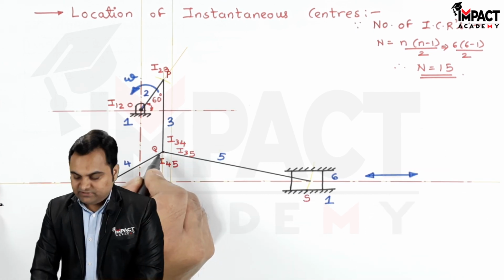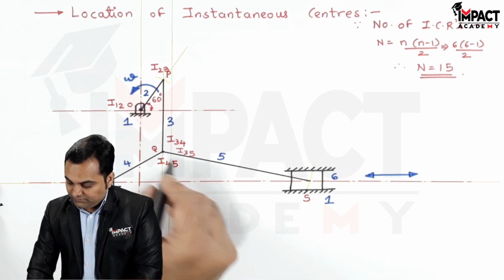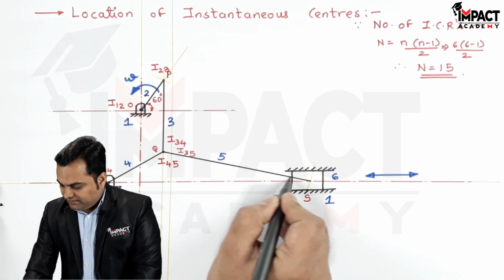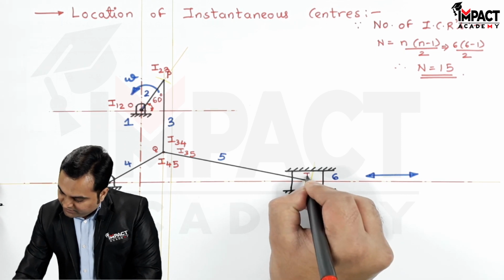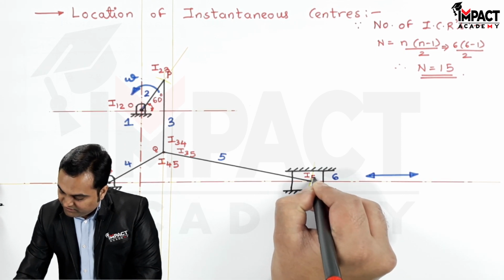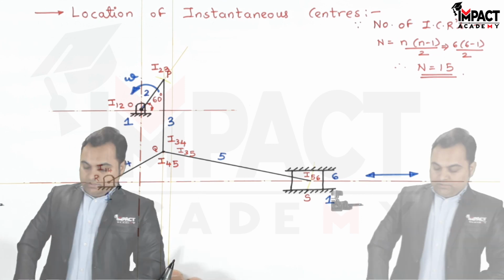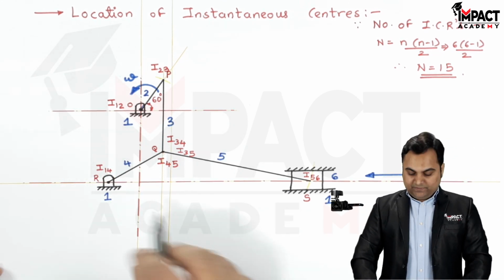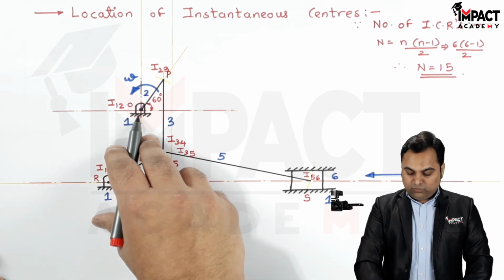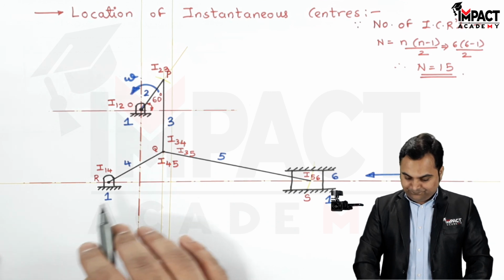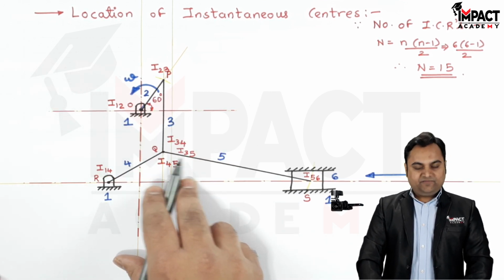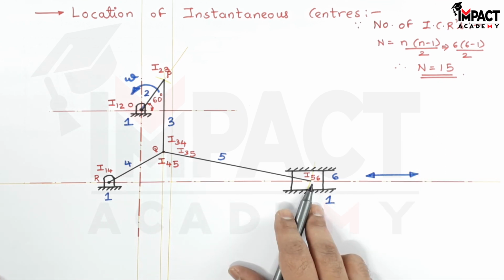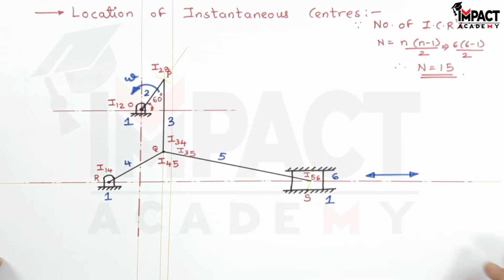So 3 ICRs at this point Q. Then we are getting link 5 which is connected to link 6. So here I am getting another ICR which is I56. So as we can see here, I14, I12 are the fixed ICRs, whereas I23, I34, I45 and I35 are the permanent ICRs. Even I56 is the permanent ICR.